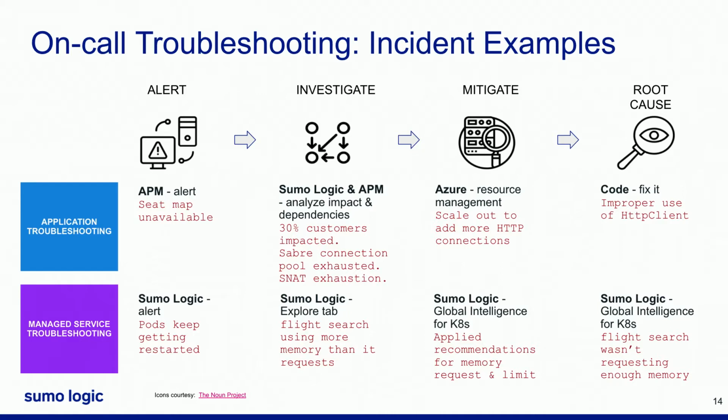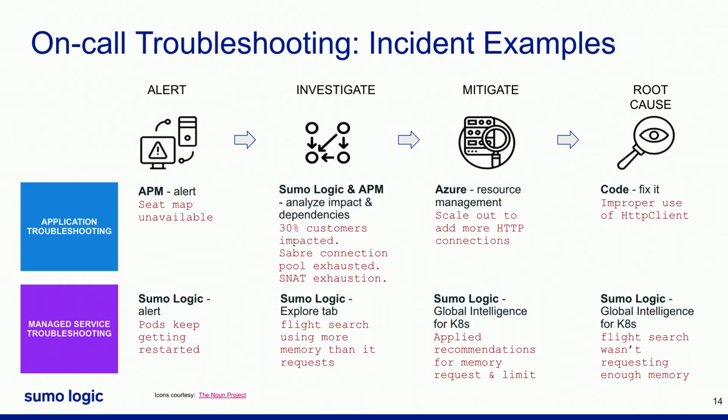The one that jumped out was the SNAT exhaustion errors. The way to mitigate that was to scale out and add more connections. That worked. Afterwards, the team identified that they weren't using HTTP client properly. Instead of using it as a singleton, they were creating a new instance for every request, and that just burned through all the connections and caused problems.